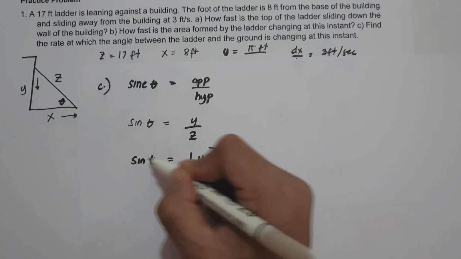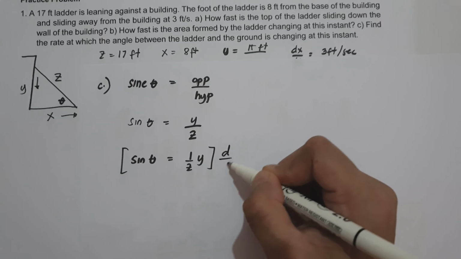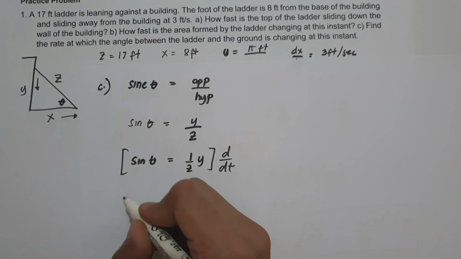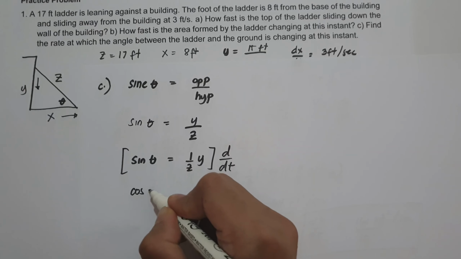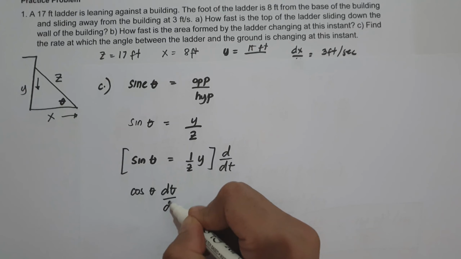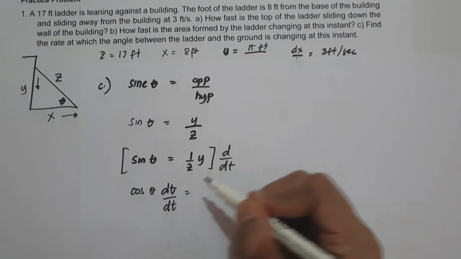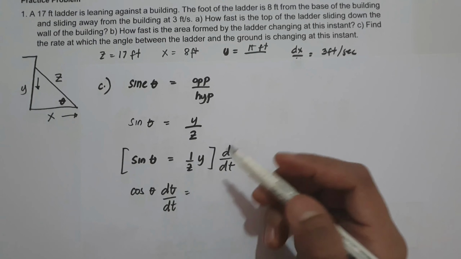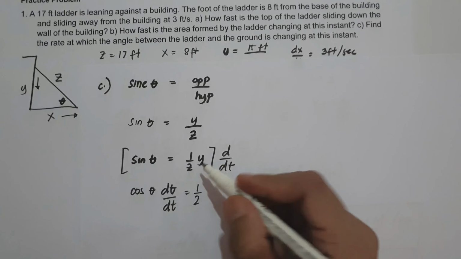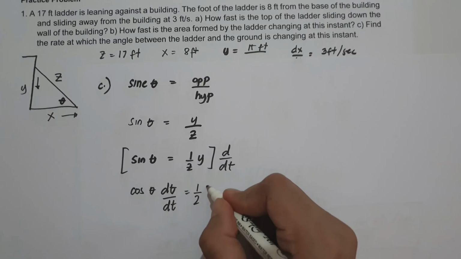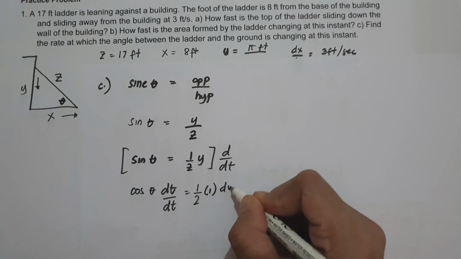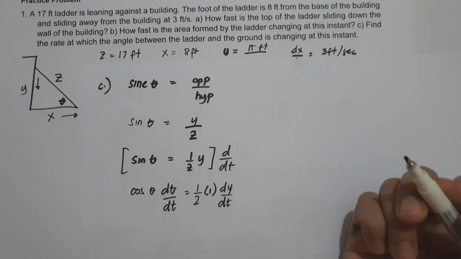And then let us differentiate both sides of the equation with respect to time. The derivative of sine is cosine theta, and let's have d theta over dt. And since z is a constant, let us have 1 over z, and the derivative of y, that is 1, then dy over dt.